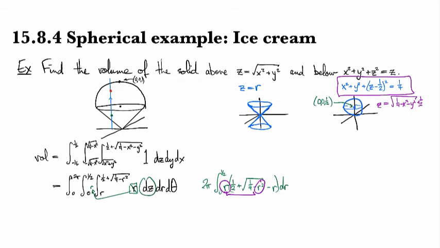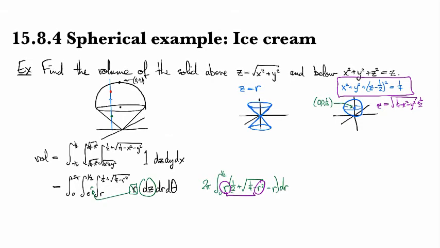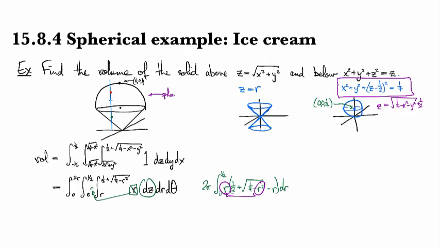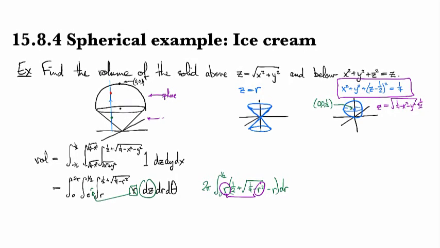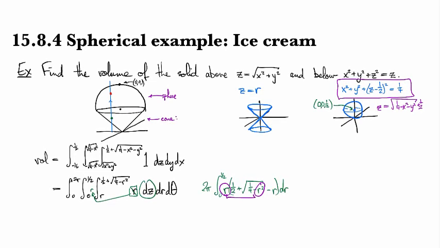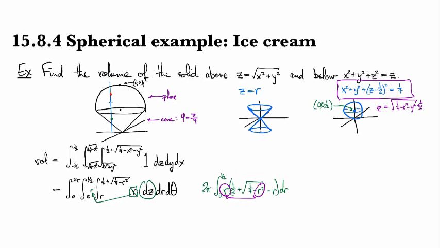Let's see. But right now, the thing that sort of jumped out at me back at the beginning when I looked at this is that up here on the top we have a sphere, and down here on the bottom we have a cone, and this cone is actually phi equals pi over 4, and so that's a coordinate surface.